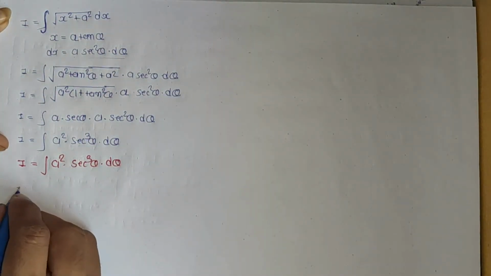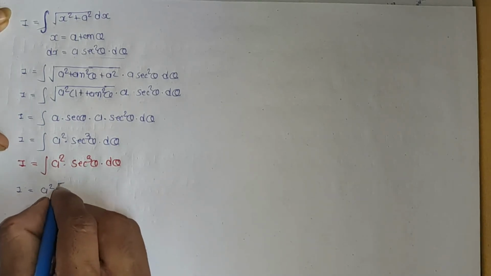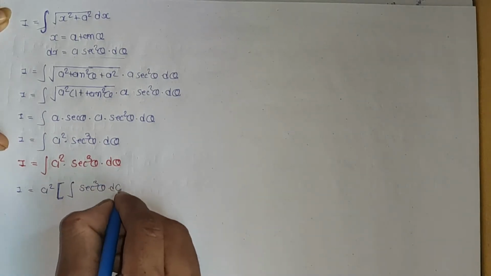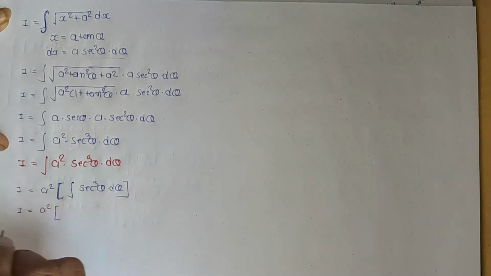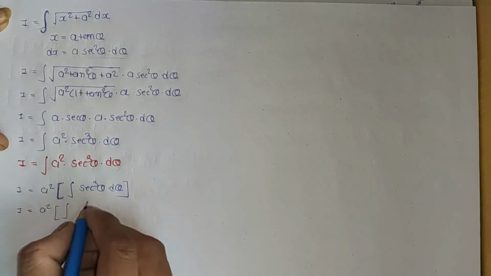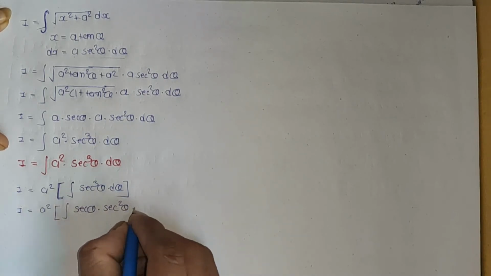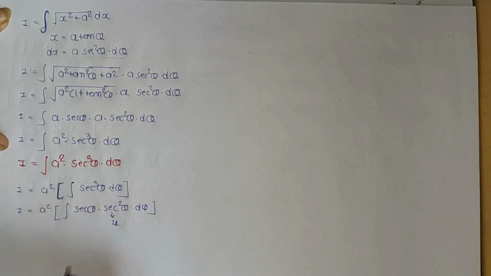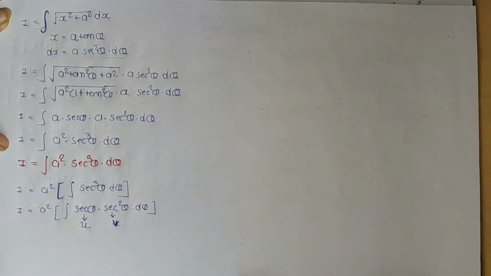Now I equals a square outside of the integral, and in the bracket integration sec cube theta d theta. Now I equals a square, in the bracket integral sec theta sec square theta d theta. Okay, this will be v, this will be u, and I solve this by integration by parts.